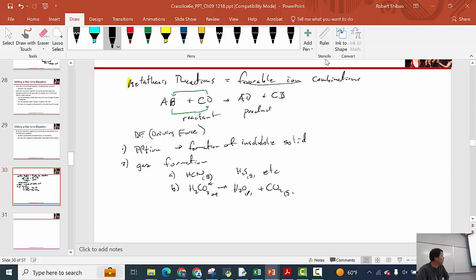And so this would be carbonic acid, H2CO3 aqueous. And so we say it spontaneously decomposes. And so in this case, CO2 gas would form. So these are some gases here.